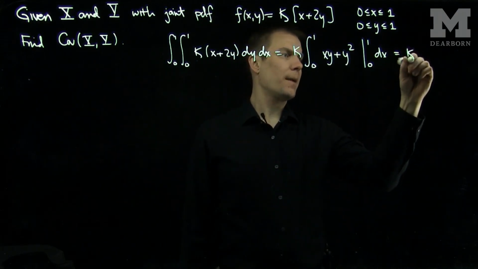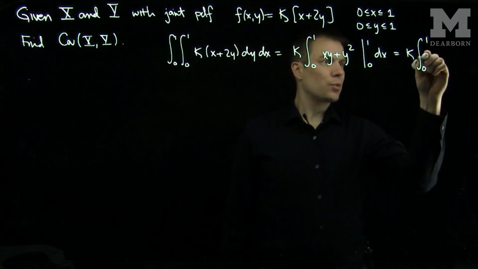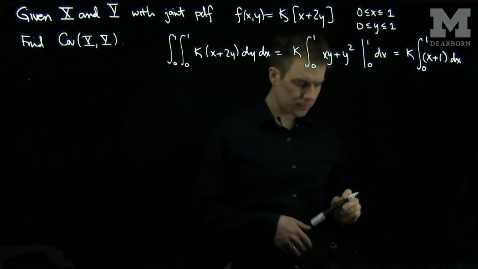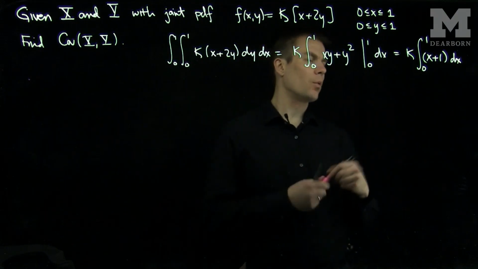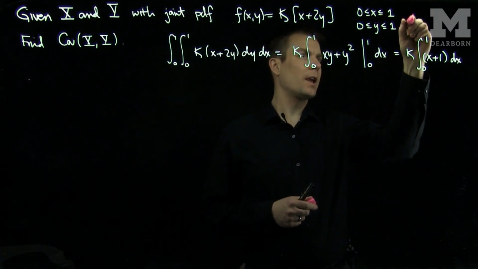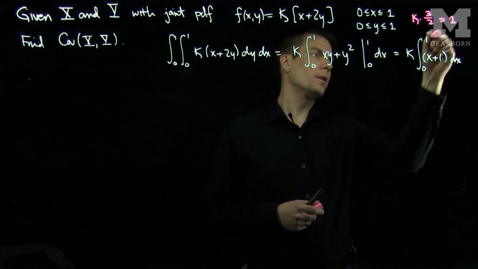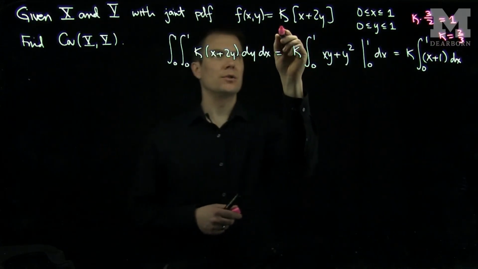So this will be k, the integral from 0 to 1 of (x plus 1) dx. Now, x integrates to a half and 1 integrates to 1, so this is going to be 3 halves. So we have k times 3 halves is equal to 1, so k will be equal to 2/3. So this k over here is 2/3.